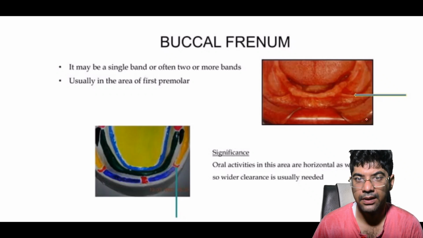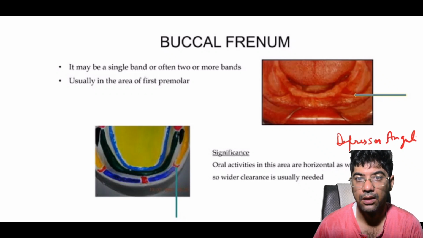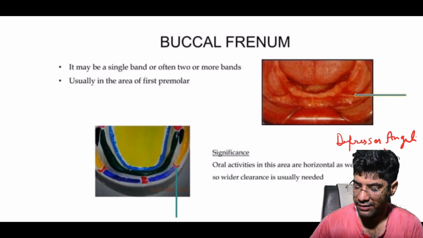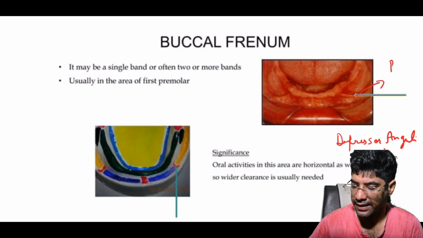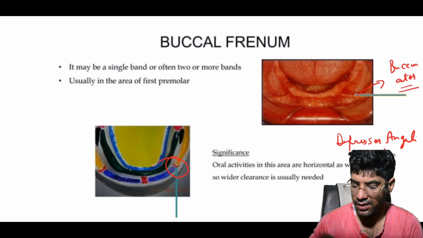So the buccal frenum is located in the buccal vestibule and overlies the depressor anguli oris muscle, and it is influenced by fibers of the buccinator muscle. So relief is necessary around the buccal frenum to prevent the displacement of the denture during the function.